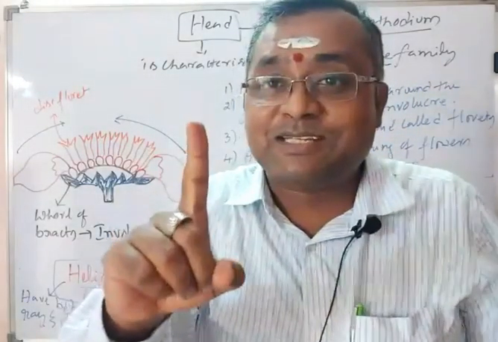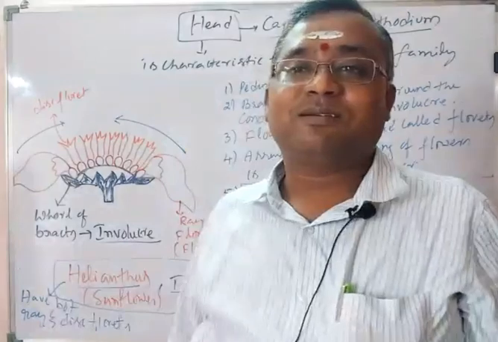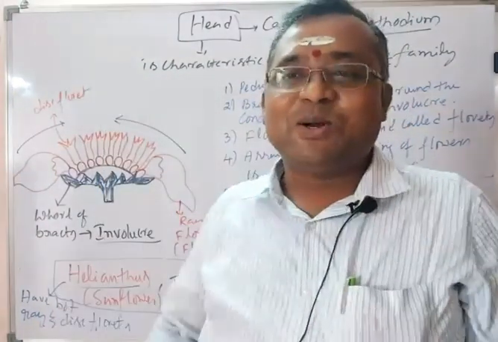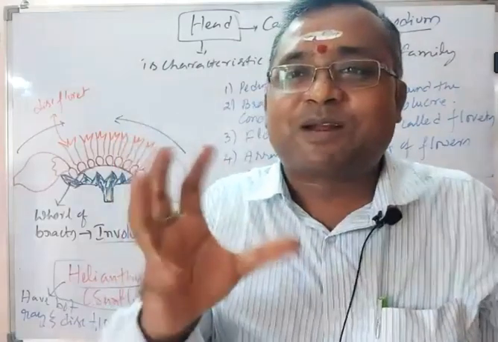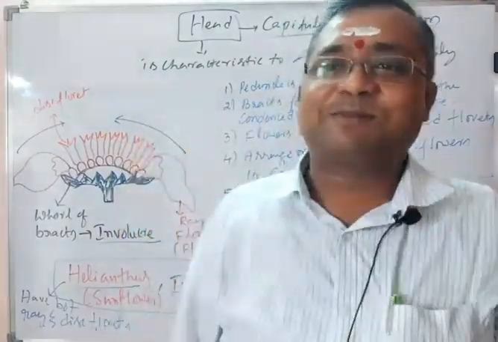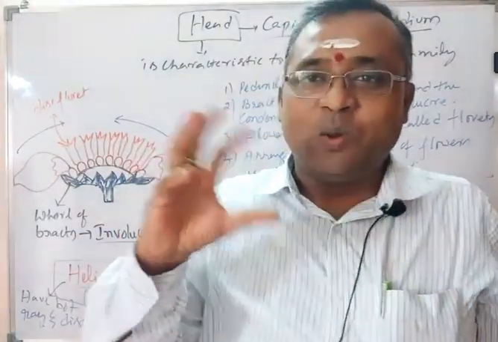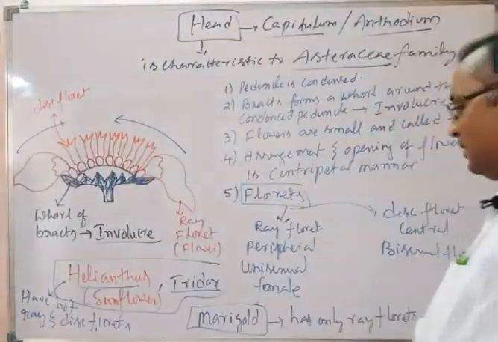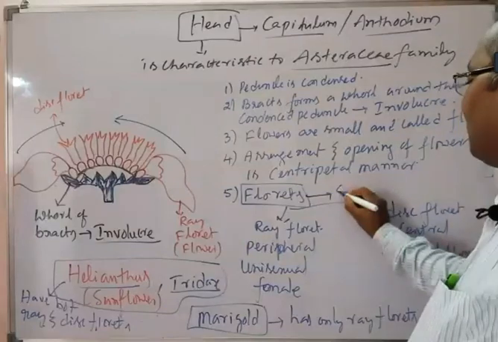That flower itself is called a floret. So, marigold is not a flower. What is that? Inflorescence. That whole structure is an inflorescence. So, these are small flowers.